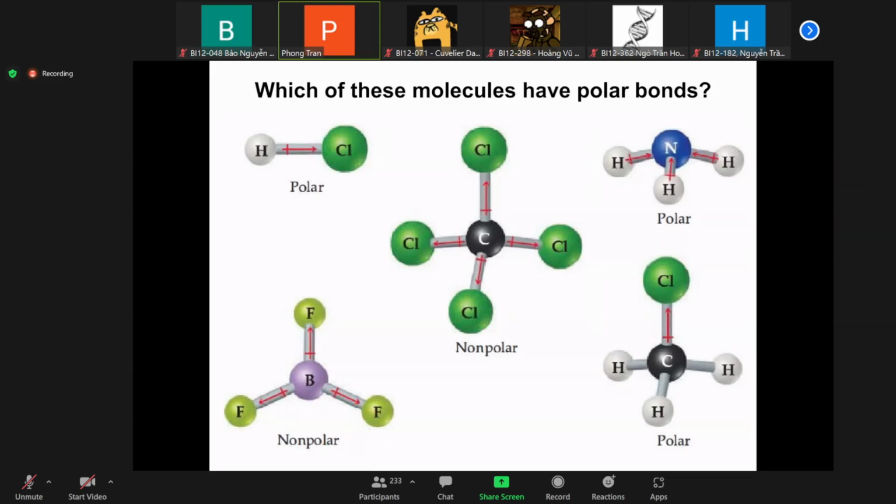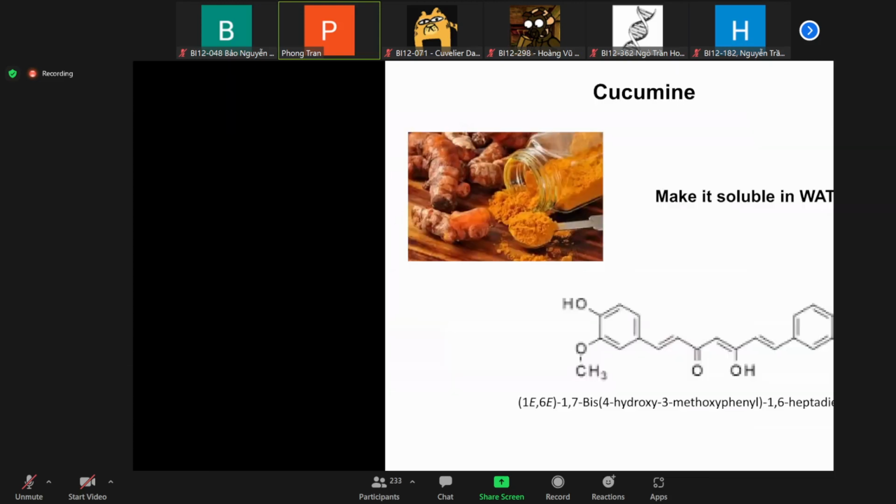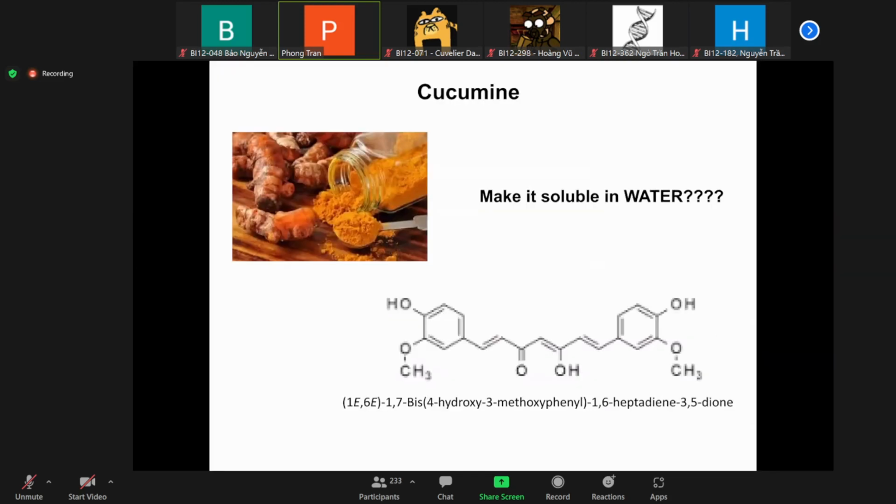Now we end with this slide. Here you have a famous molecule, especially in Vietnam, curcumin.